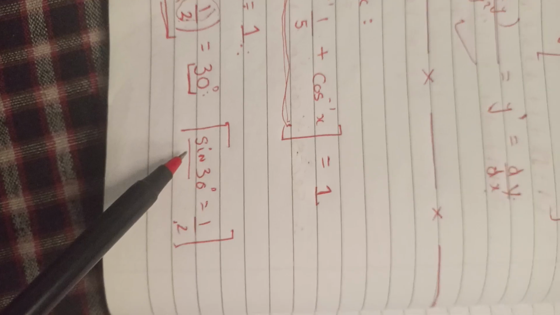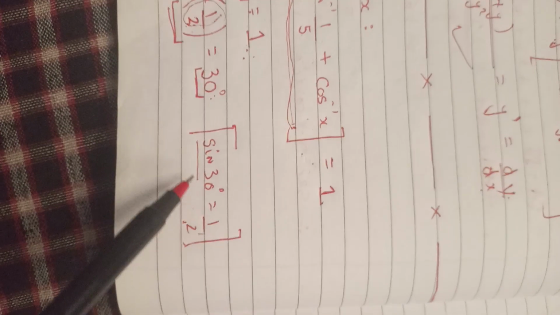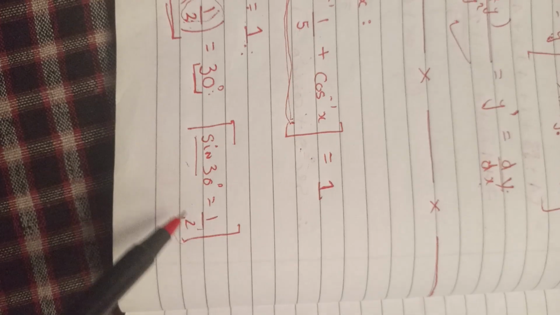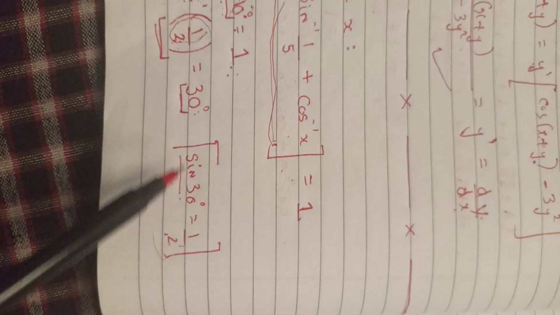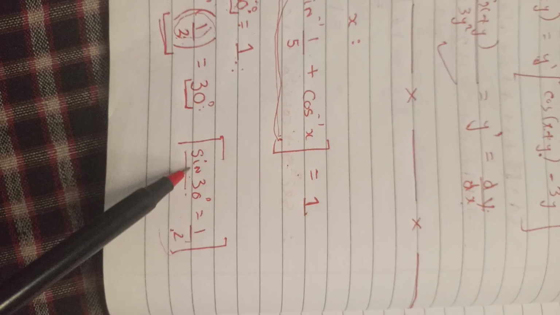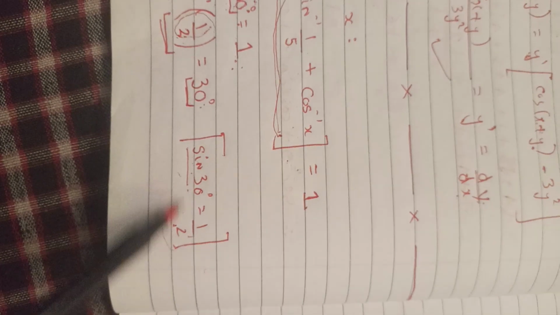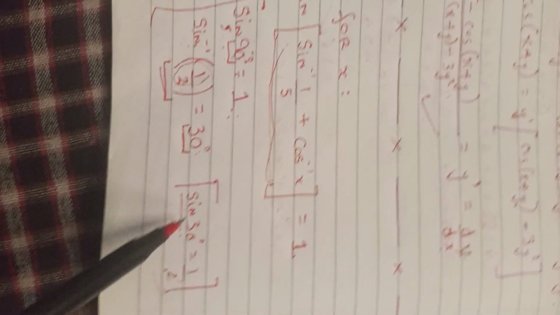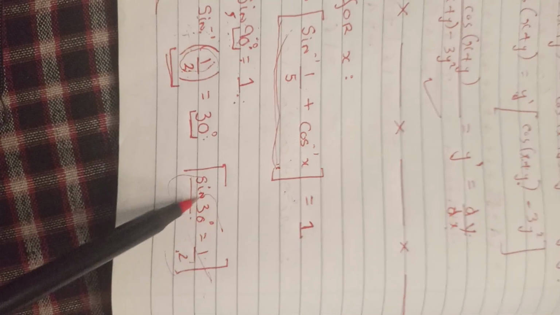In this example, we have sine of 30 degree equals half. That is a trigonometric identity, right? So what is the inverse of this? If I am inverting that, we get sine inverse half, and that gives the value of 30 degree.